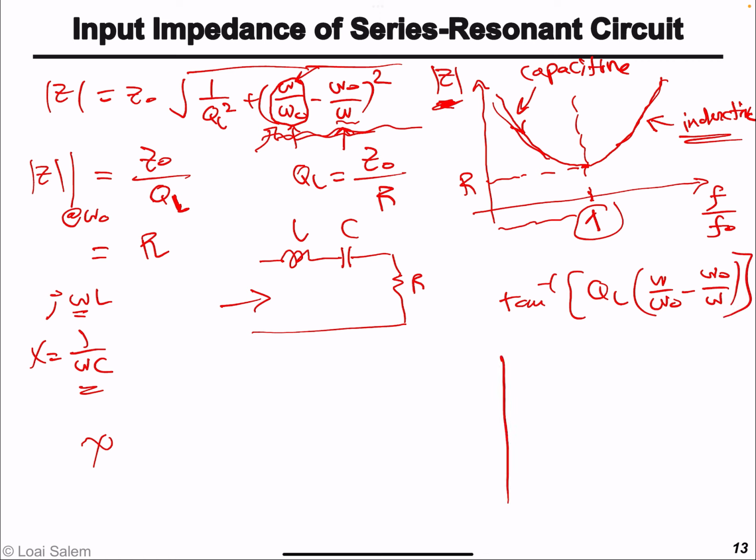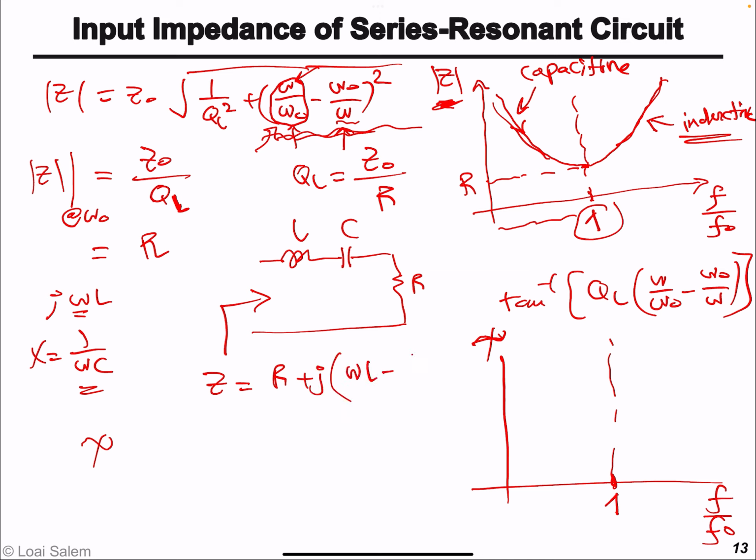So if we plot this psi versus the normalized frequency f over f node, we'll find that at resonance, the capacitive reactance is going to cancel the inductive reactance, and so essentially the phase will be zero.